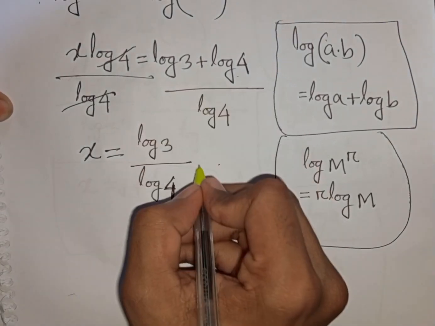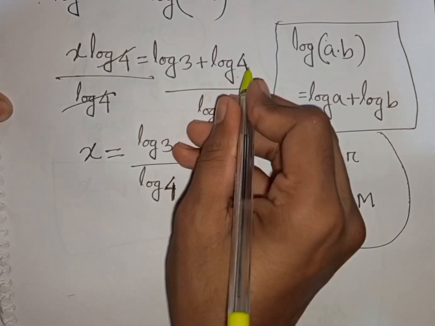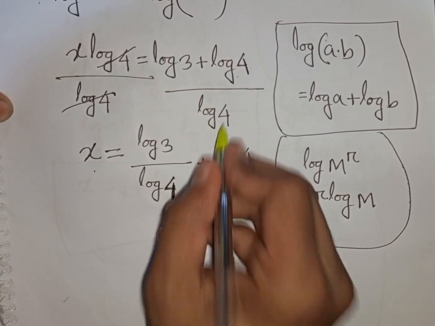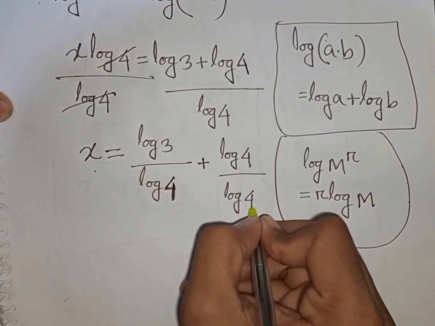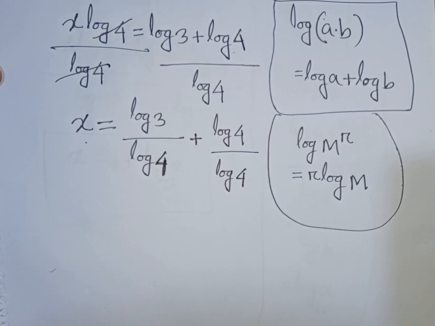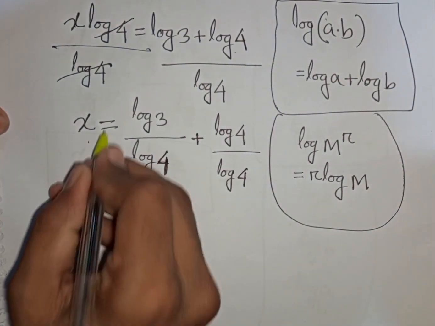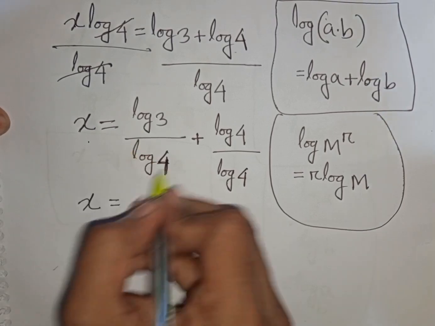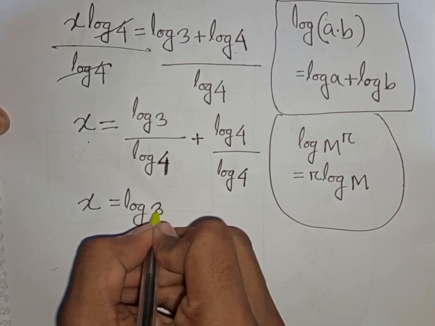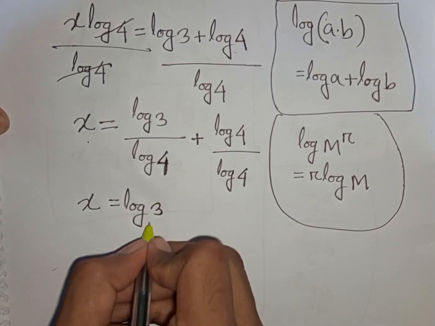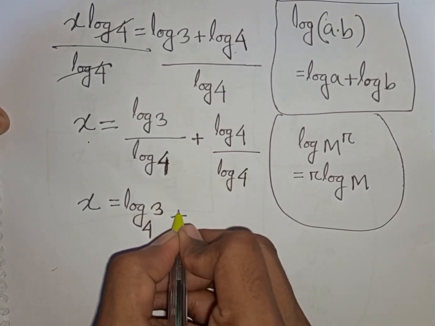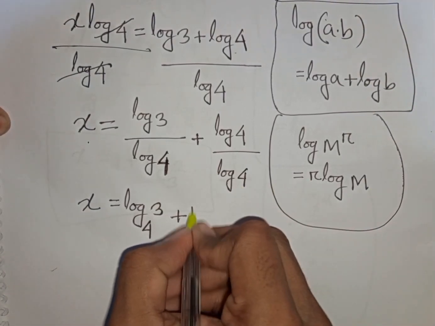then plus log 4 over log 4. Now x will be equal to log 3 over log 4, that means log 3 base 4, then plus log 4 over log 4, that means 1.